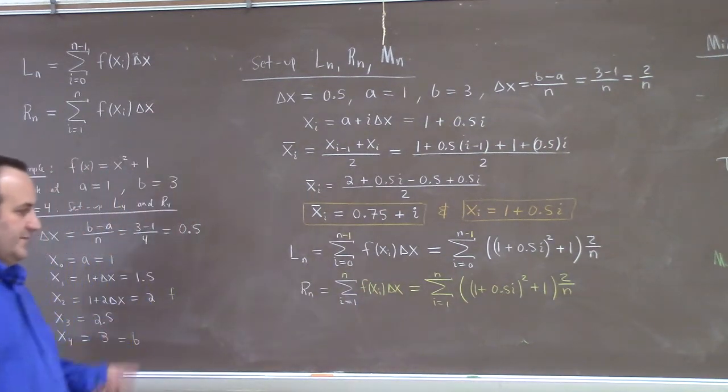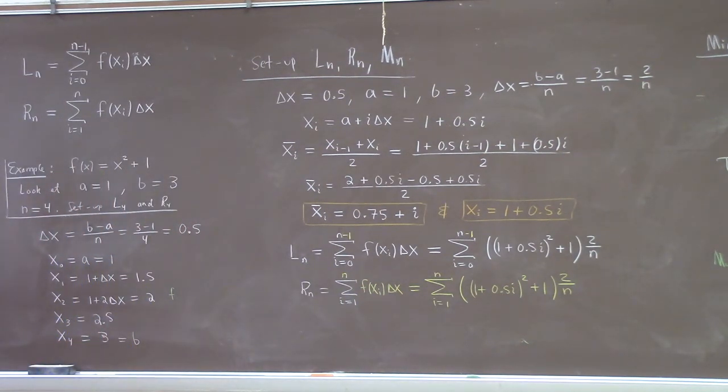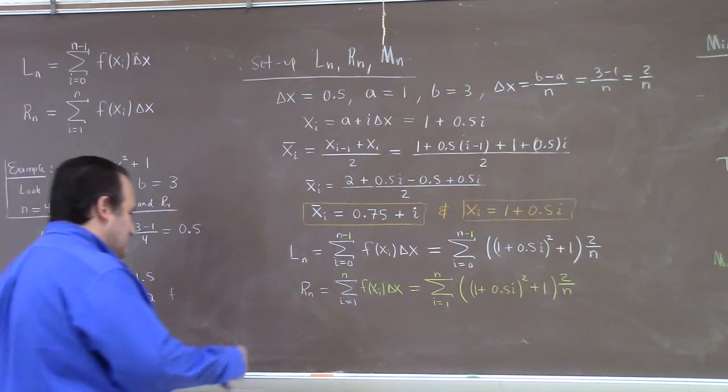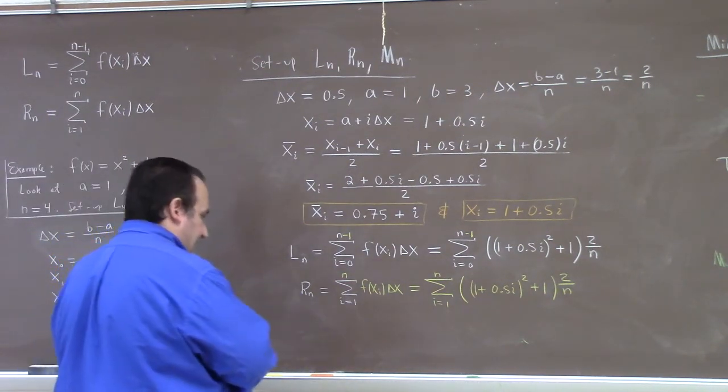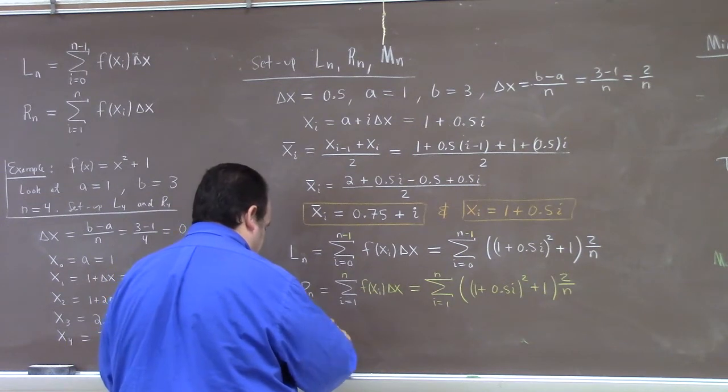So the left and the right endpoint rules look very, very similar. In fact, the middle of the calculation is exactly the same. It's just the tail ends which differ. And finally, there's Mn, which looks a little bit different for us.